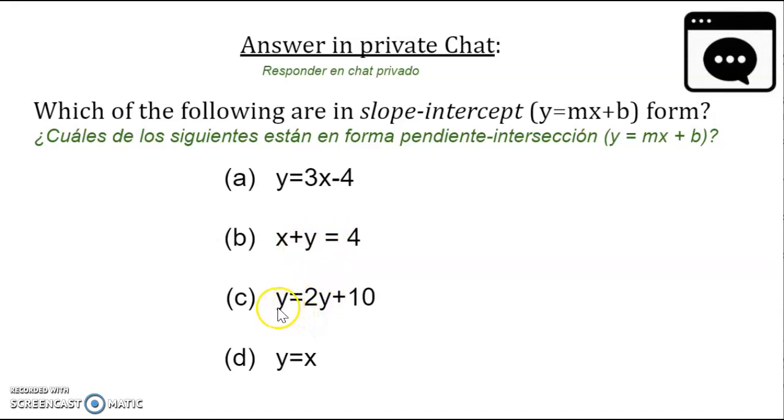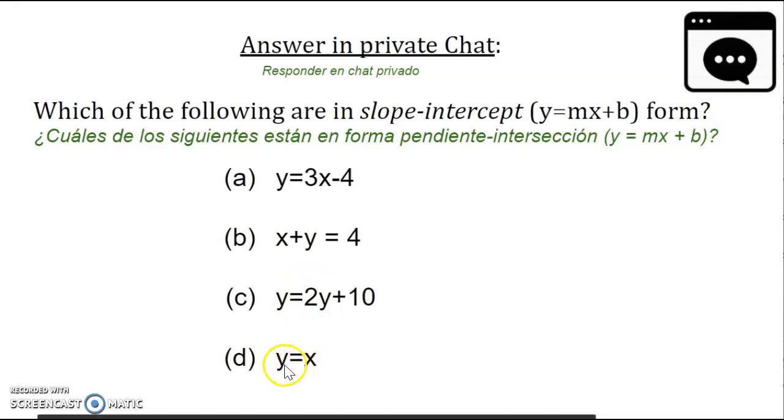What about this? y is equal to 2y plus 10. Well, y is on one side of the equal sign, so that's good. However, do we have an x term on the right-hand side? No, we don't. Okay, so this is not in slope-intercept form. What about this? y is equal to x. Is this a slope-intercept form?